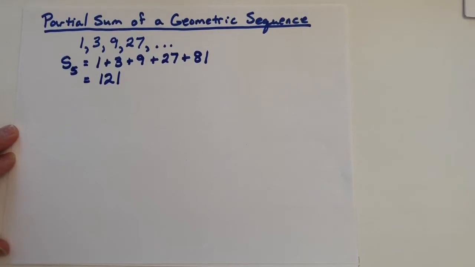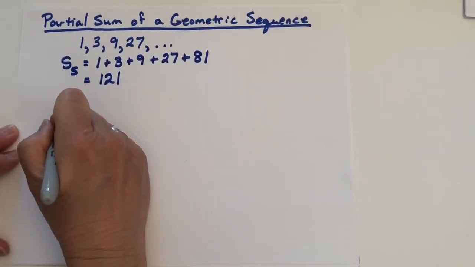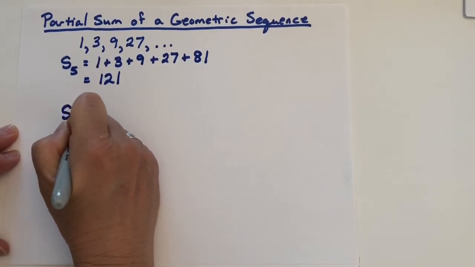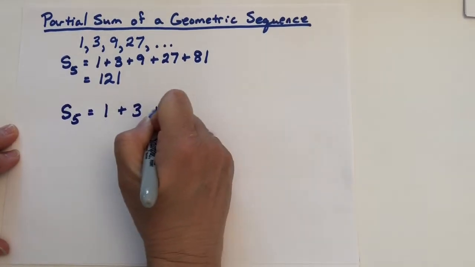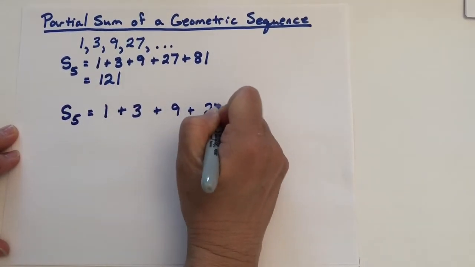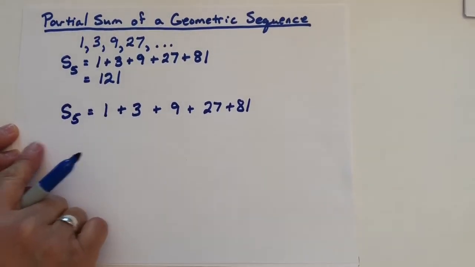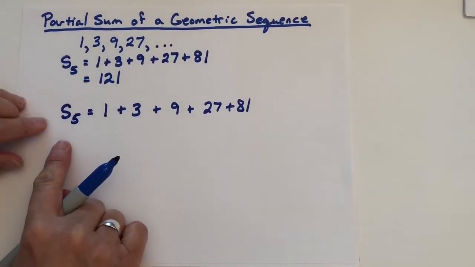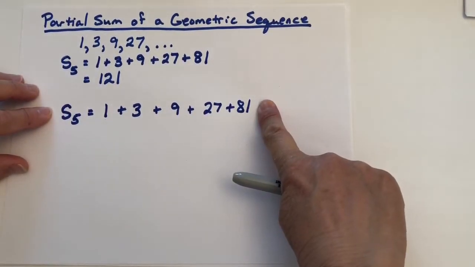So here's what we're going to do. I'm going to write the fifth partial sum again. And I'm going to write it as 1 plus 3 plus 9 plus 27 plus 81. And here's what I'm going to do now. I'm going to multiply this equation by 3.